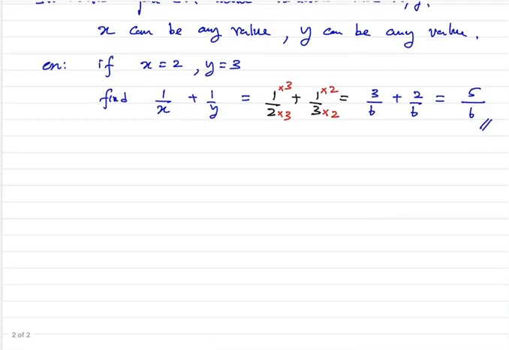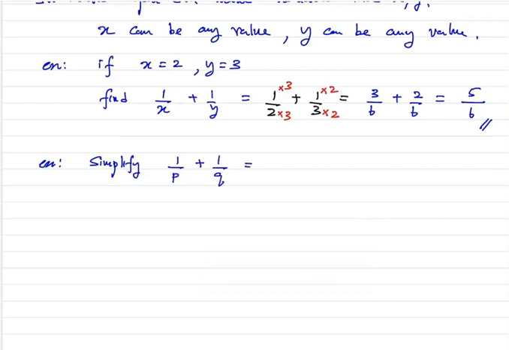Now I'm going to challenge you a little bit. Fine. Simplify 1 divided by P plus 1 divided by Q. Okay, do that.